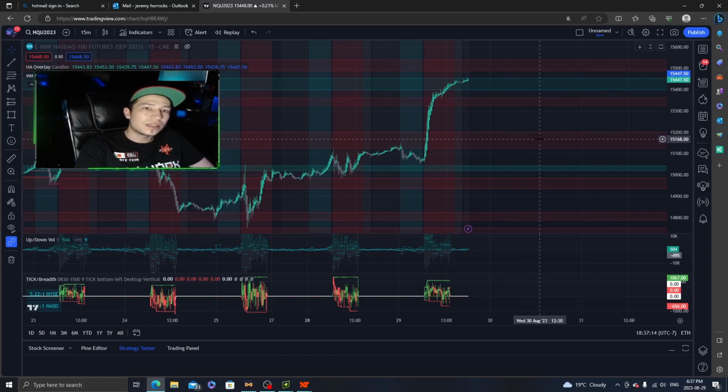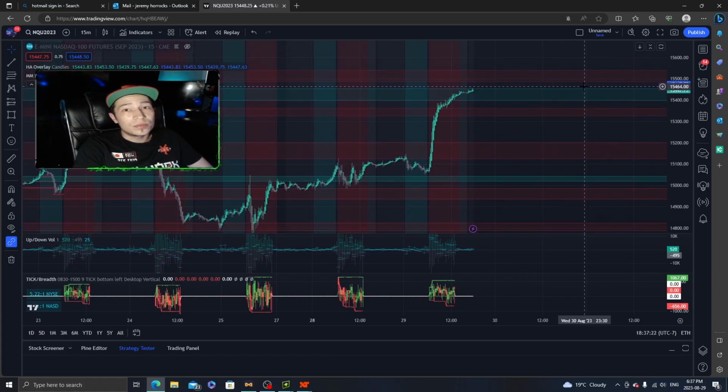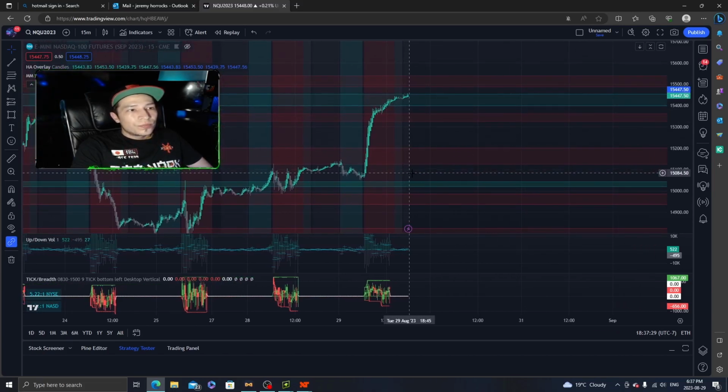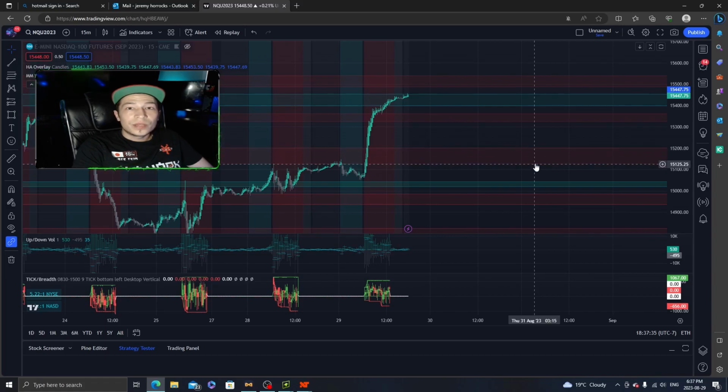Now the other side to that: we're talking about aggressive buyers, right? So market orders. But what you can also have is passive buyers in the market, and what I mean by that is limit orders. Let's say you've got people that want to buy here. They think it's going to come down and then go back up, so you've got tons of limit orders sitting here.